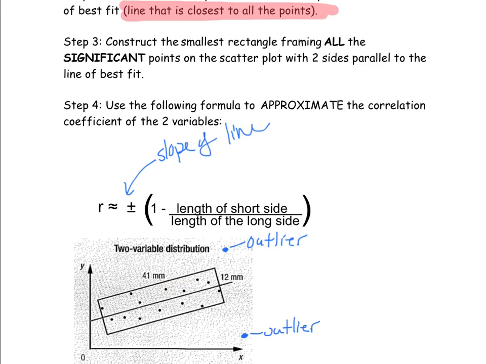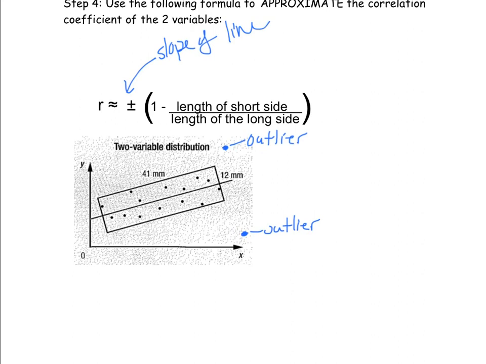So let's try this calculation. My r is approximately equal to, now I need to decide on the sign. If I look at the line here, the slope is positive, the x is increasing, and the y is also increasing. So my slope is positive, I'm going to make it plus. And then I'm doing 1 minus the short side, which is 12, divided by the long side, which is 41.